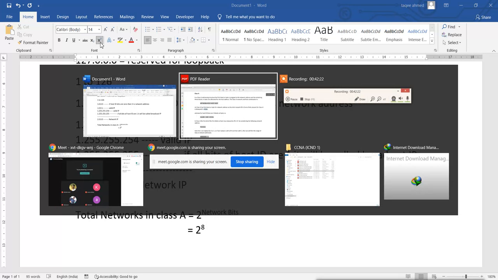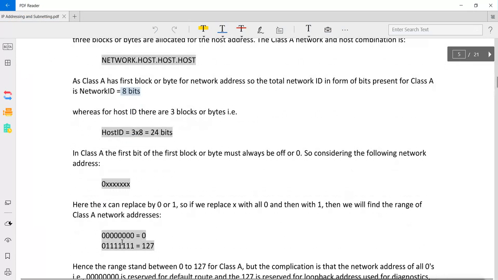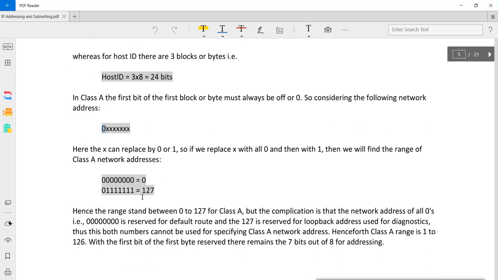As you see here, it says that this first bit must be 0. It cannot be 1, it cannot be enabled, and it must be 0. It is reserved.